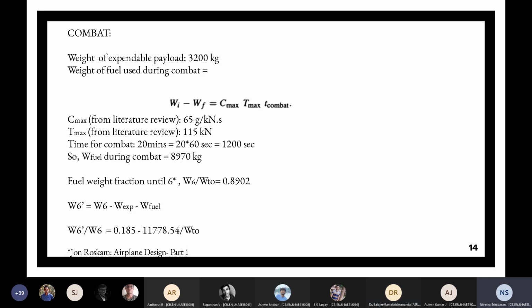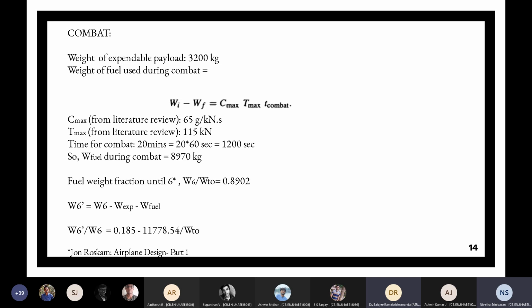So in the book, for combat, they had taken a formula to find the fuel weight fraction for combat. We don't have a value of weight as such, which is why we took all the weight fractions up until segment 6, which is right before combat and after loiter.